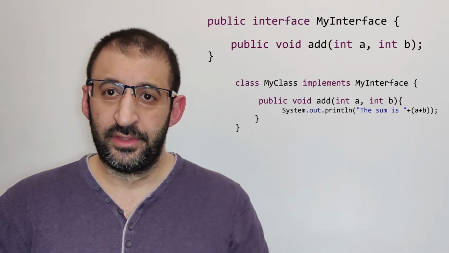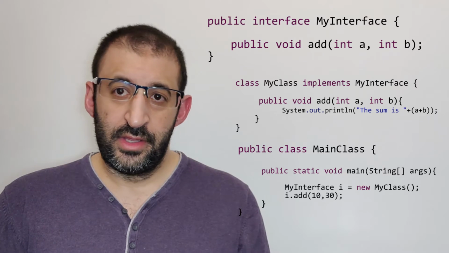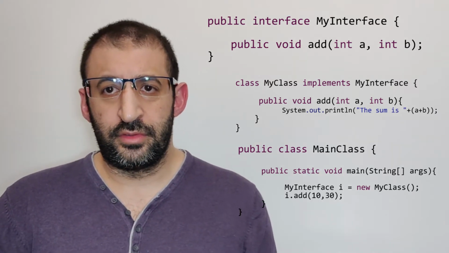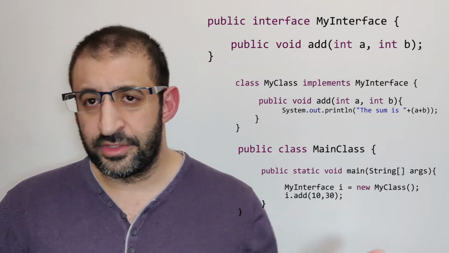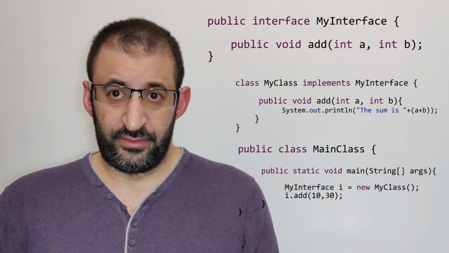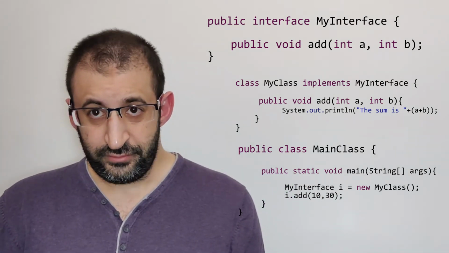After this, I will create another class for the main method. And here I will declare the public static void main, etc. And I will instance a new class.